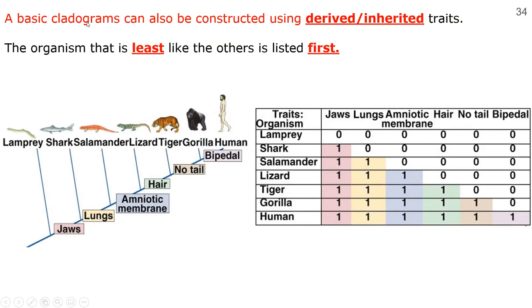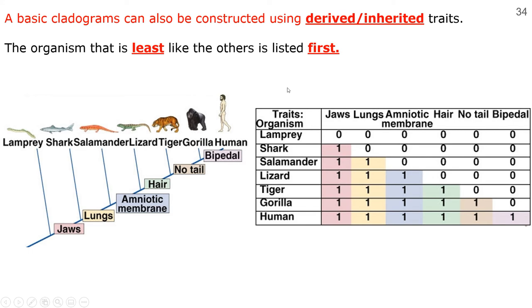So cladograms, again, are created by dividing these organisms into whether or not they have those inherited traits. And how we make them is sometimes you'll start with a table here, and they'll list the organisms, they'll list certain derived traits, and then they'll mark whether or not they possess those traits.